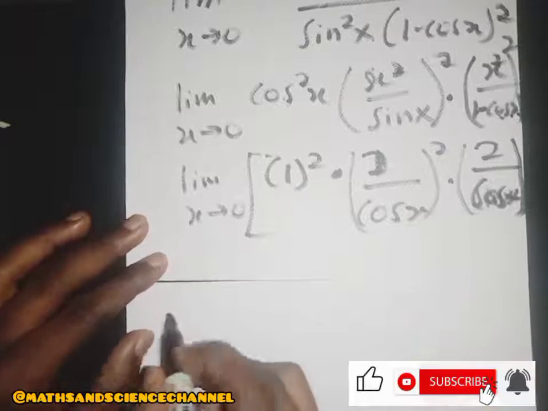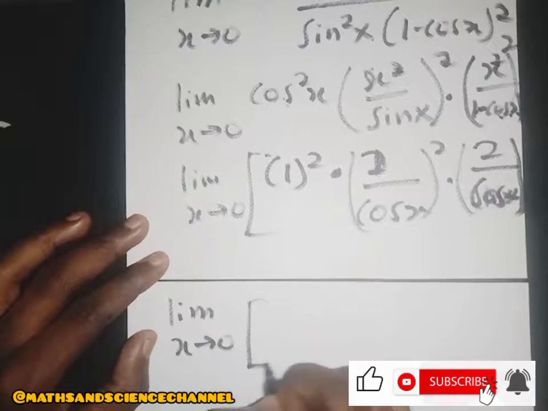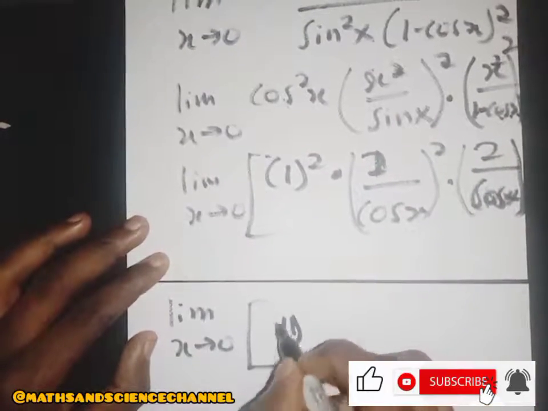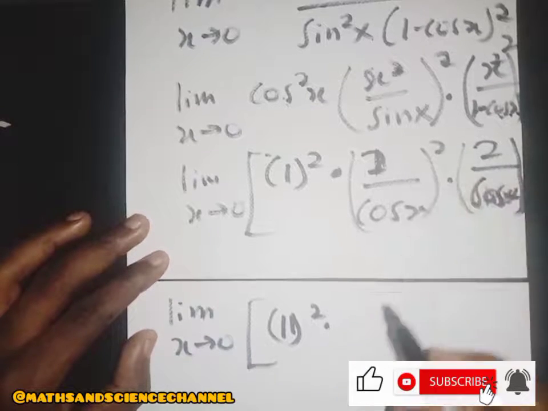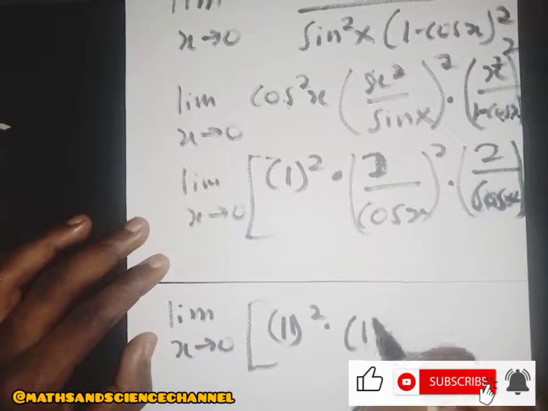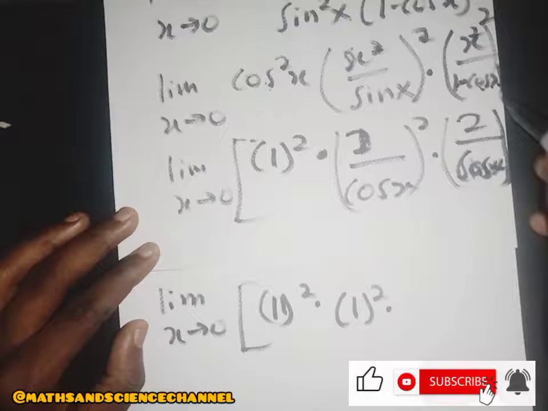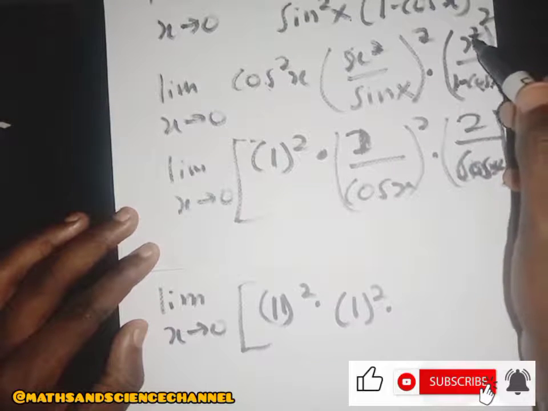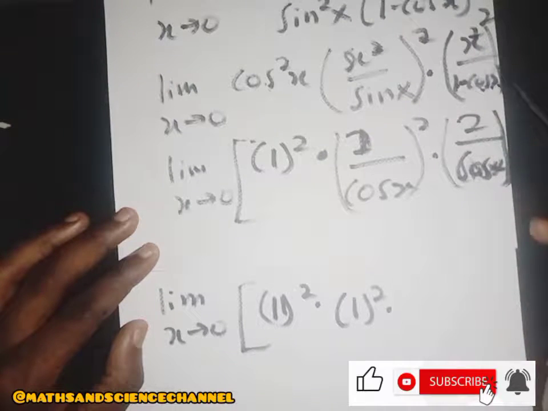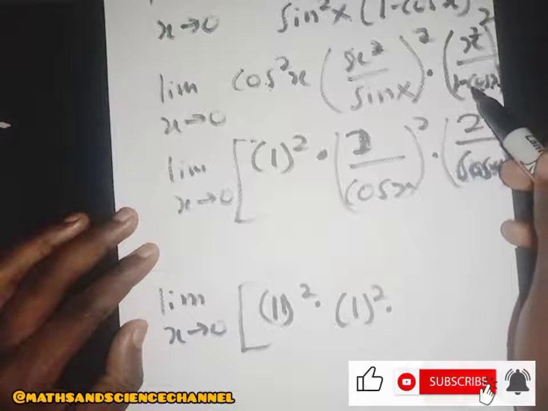So in this case we have the limit as x is approaching 0. Cos x is just 1, so we have just 1 squared, and then over here cos 0 is also 1, so we also have 1 to the power squared. And the whole of this, we have x squared. We differentiate it 2 times, we just have 2. We differentiate this also 2 times, so we differentiate this, it goes to 0. We differentiate cos x, we get sine x.